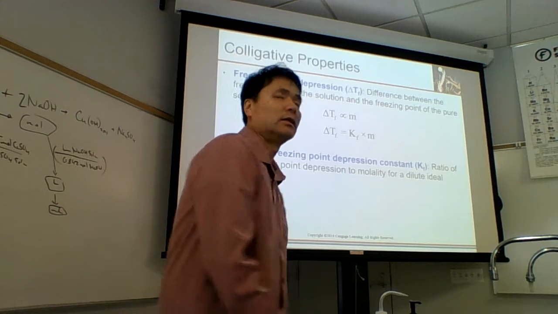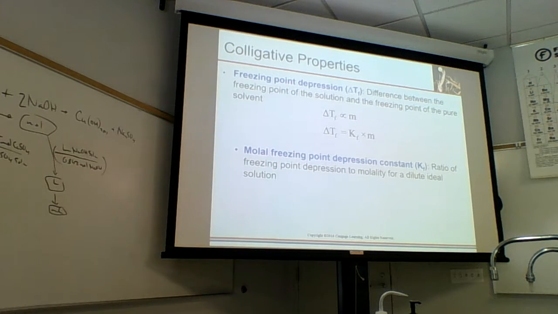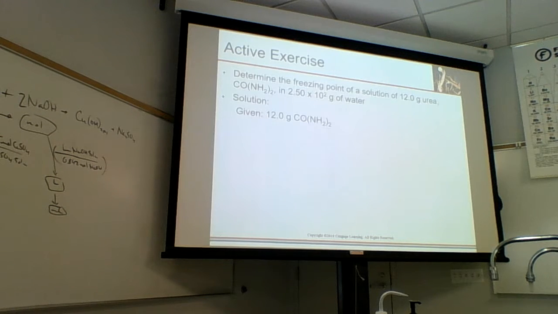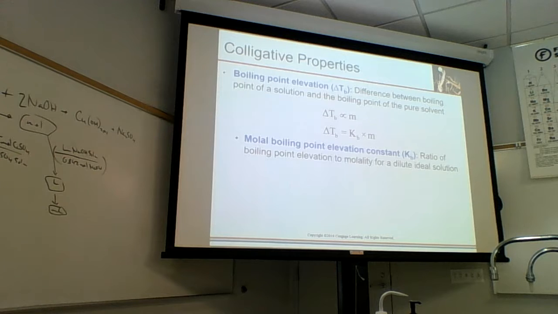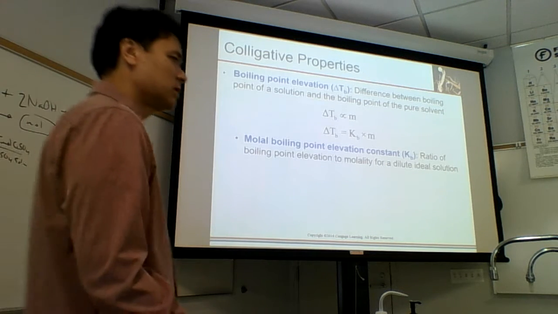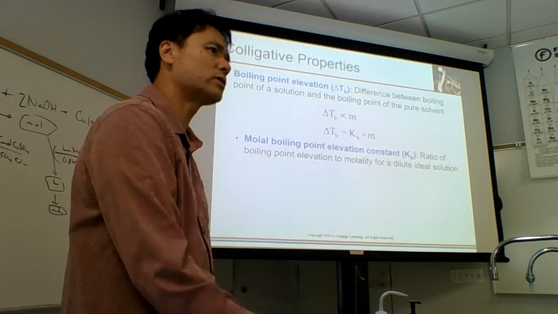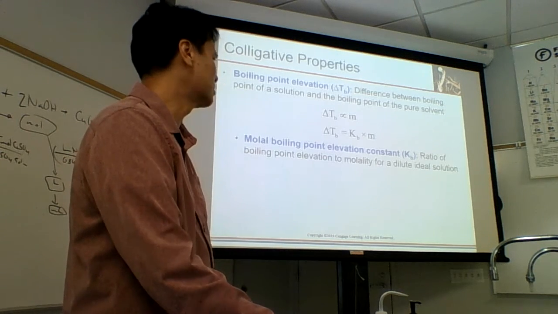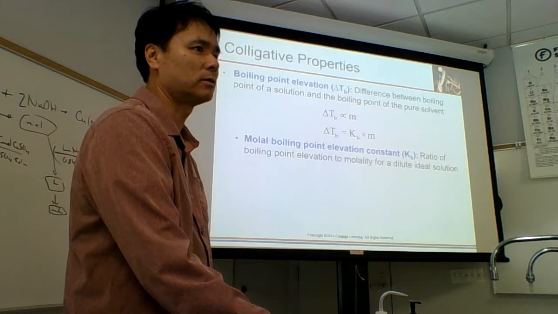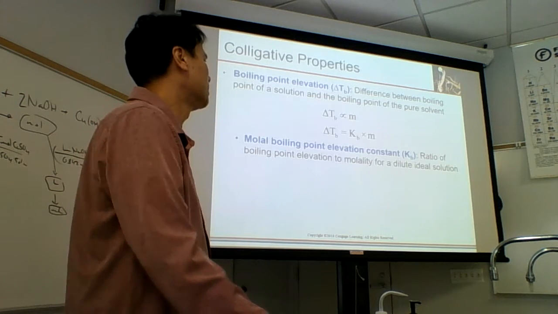It turns out it's actually a higher temperature than 100. And that's called boiling point elevation. And so what you should know is that freezing point depression, salt solutions freeze at lower temperature, and boiling point elevation, salt solutions boil at a higher temperature than water.